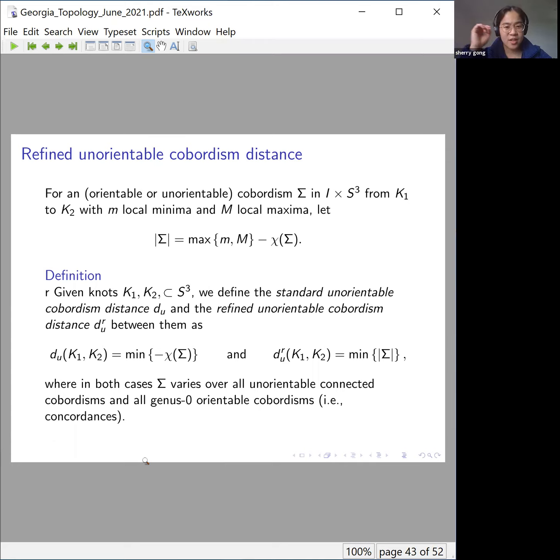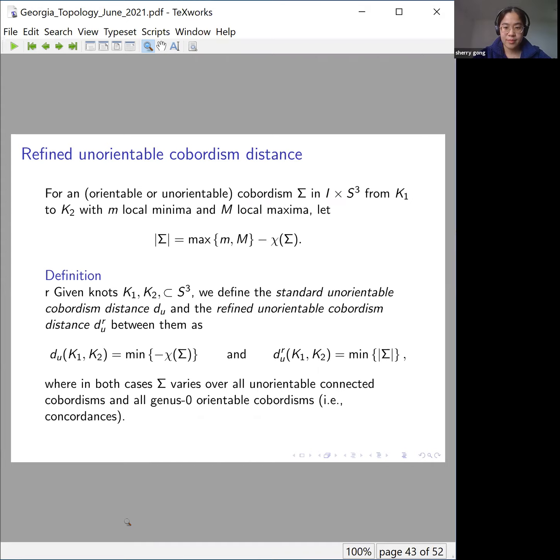Exactly. So I would imagine that would be related. Again, you could repeat what Melissa was saying: the standard one is just about the abstract topology of the surface, and the refined one is about how it's embedded in four-dimensional space, right?